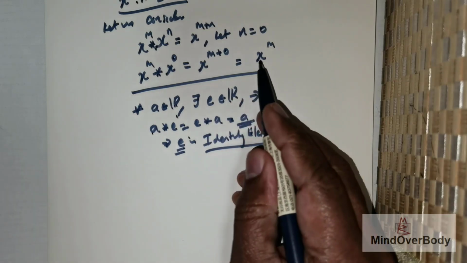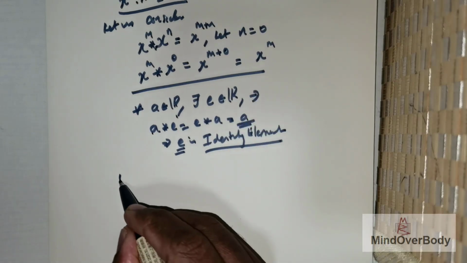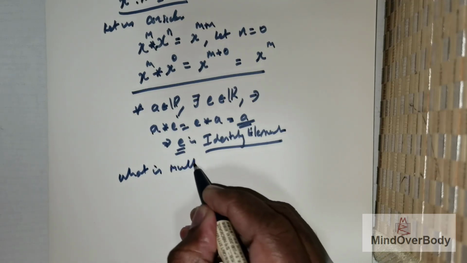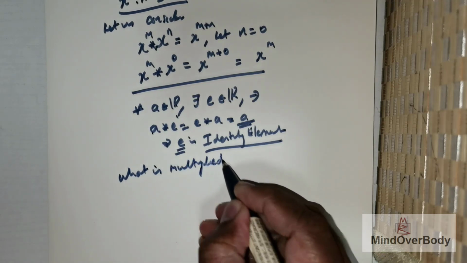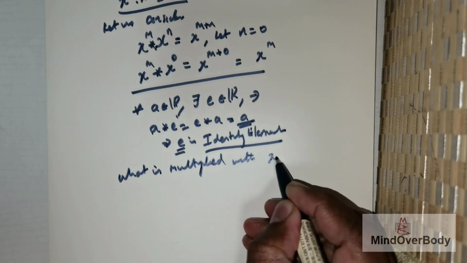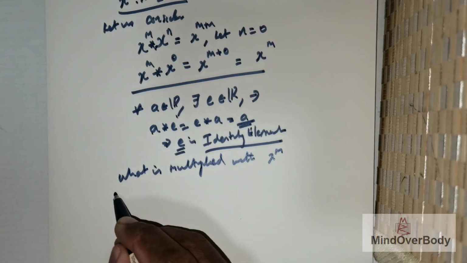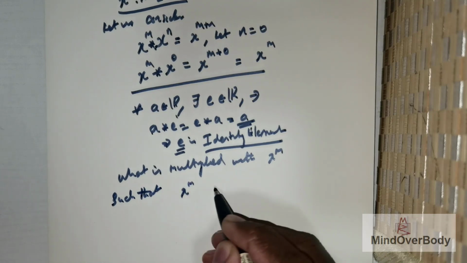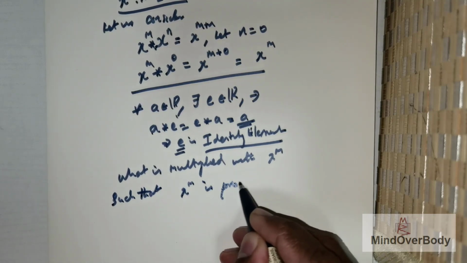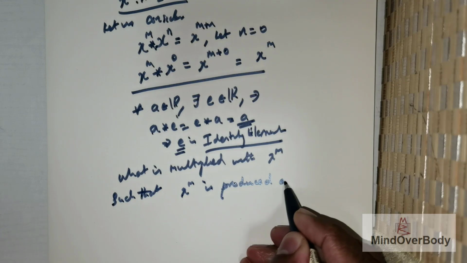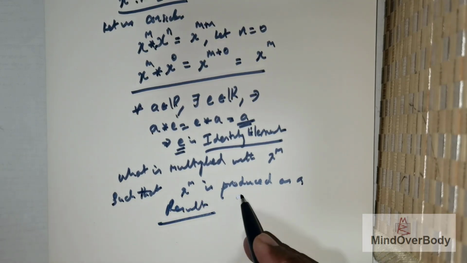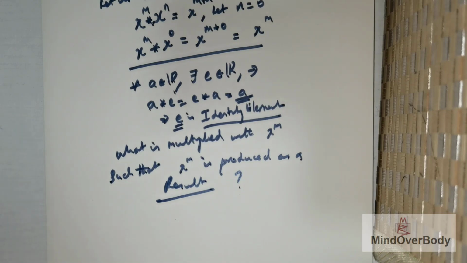So now the question comes, what should I multiply with x raised to the power m such that x raised to the power m is produced as a result? That is the question being posed.